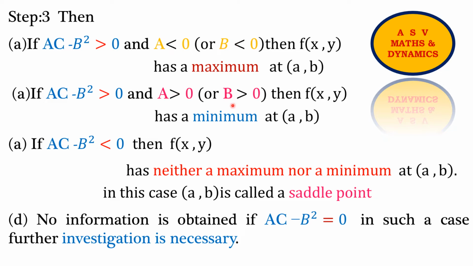If a is positive, then it is a minimum. If the condition is negative, it is a saddle point, neither maximum nor minimum. If it is equal to 0, further investigation is needed.